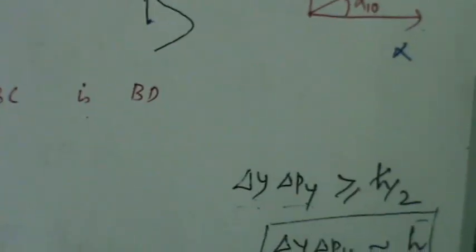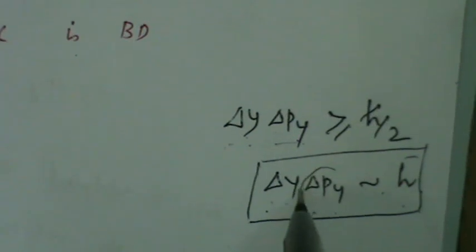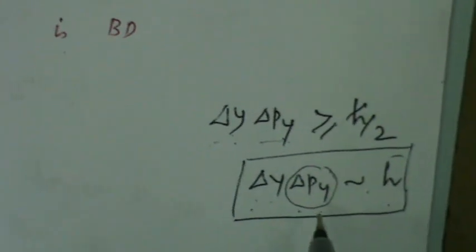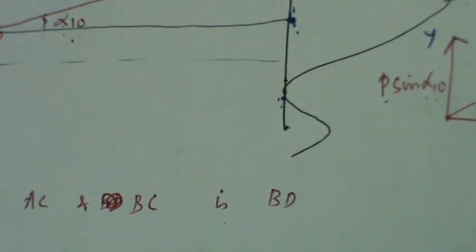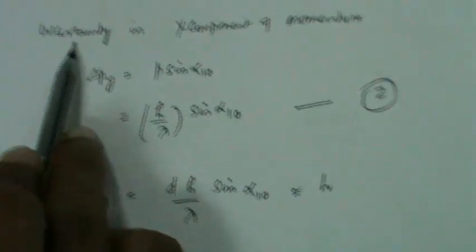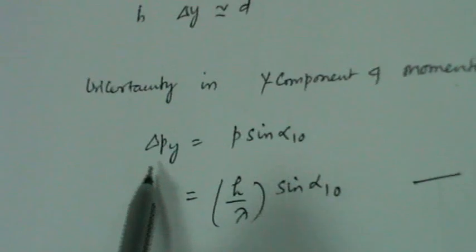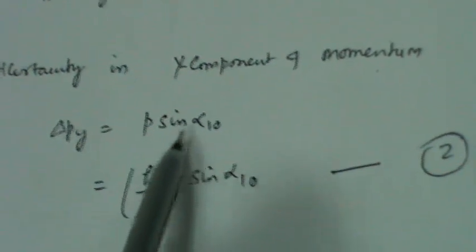Essentially we need to check this relation. So we know that delta py is the error in momentum of light in y direction, that is p sin alpha 10. So it is written, uncertainty in y component of momentum is delta py, that is equal to p sin alpha 10.